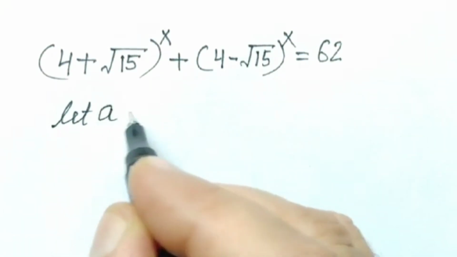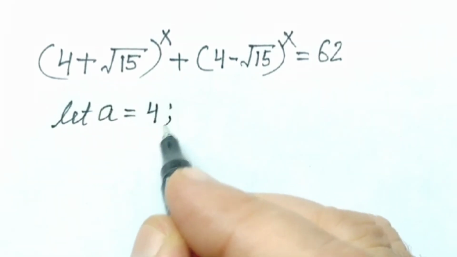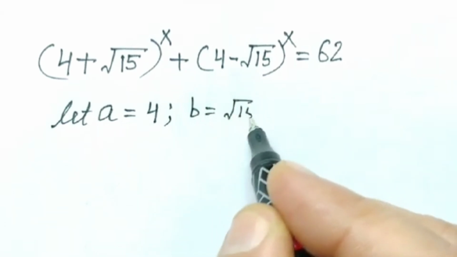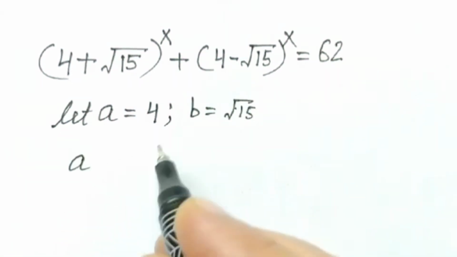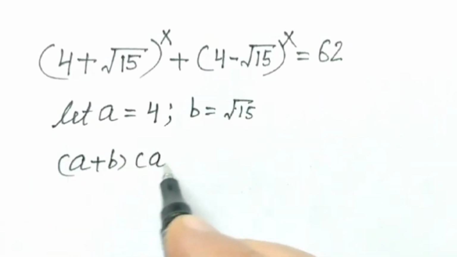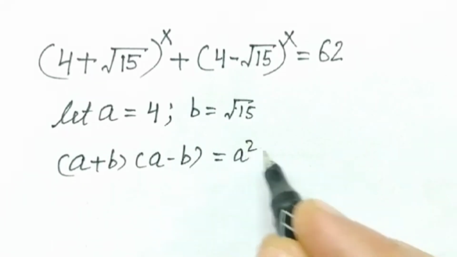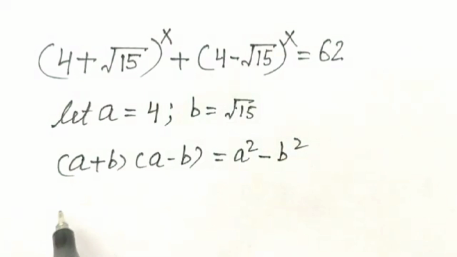Let a = 4 and b = √15. As we know, the algebraic identity (a + b)(a - b) = a² - b².